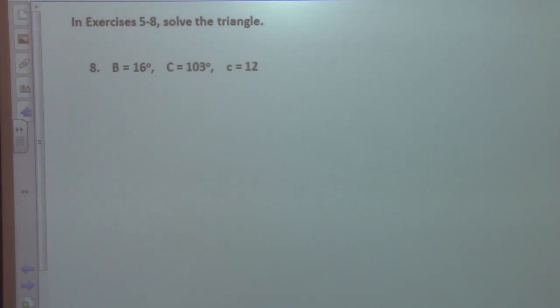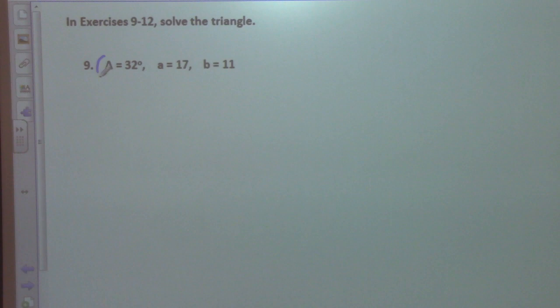So we are to number 9. I've had some questions about this, because this is a somewhat different looking problem. But this is your known side opposite your known angle.